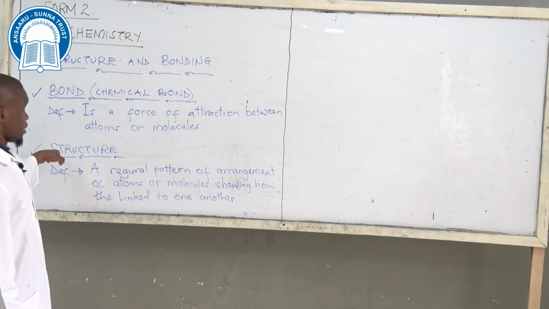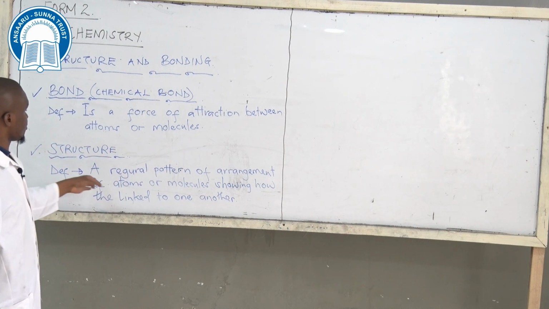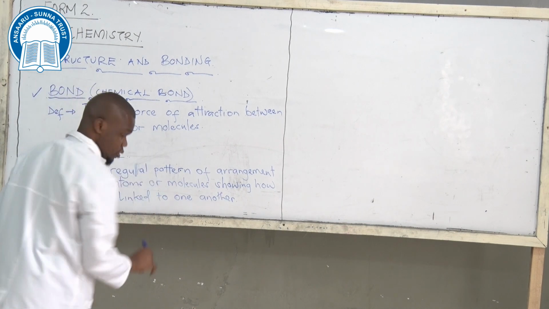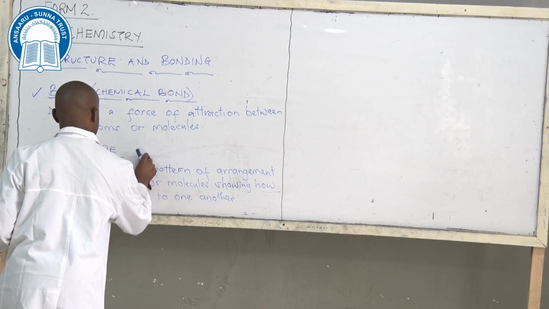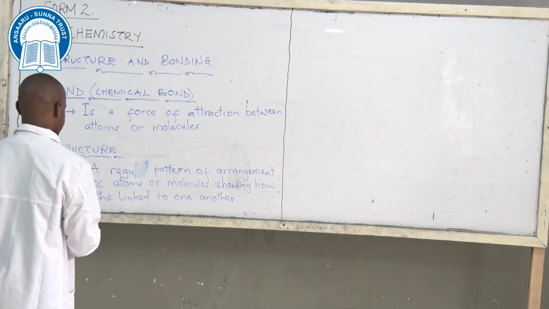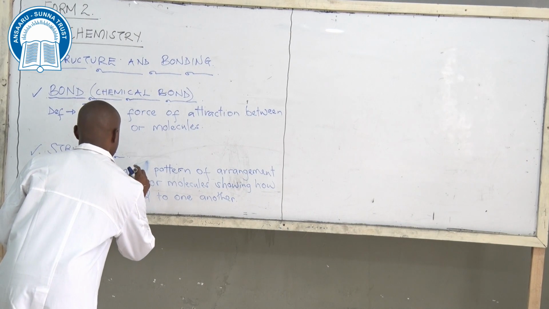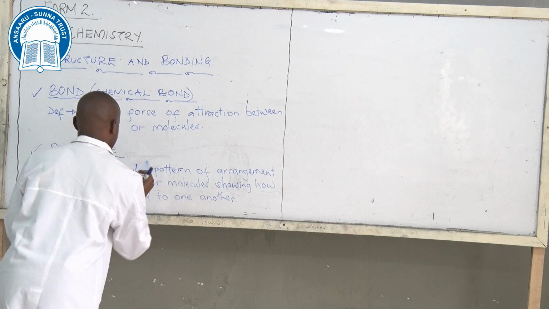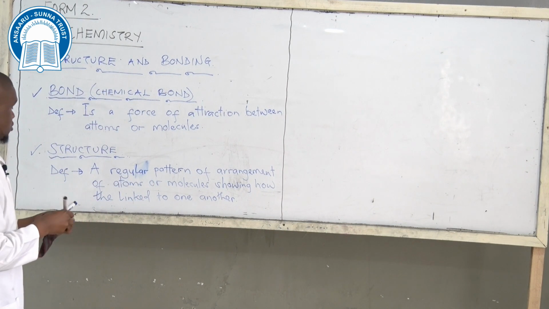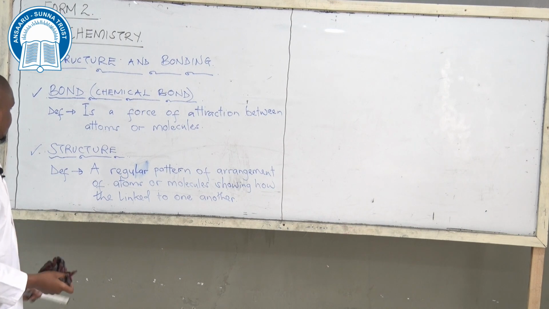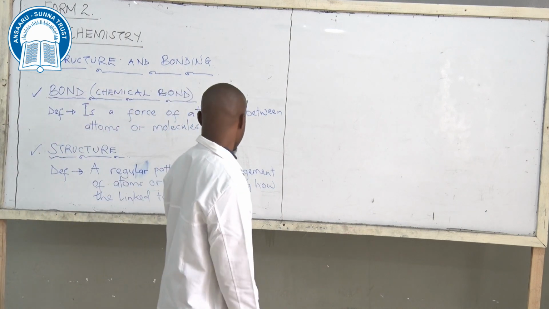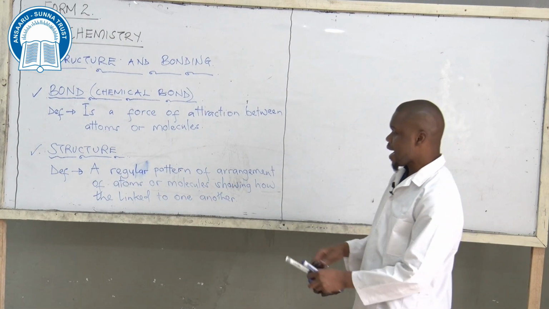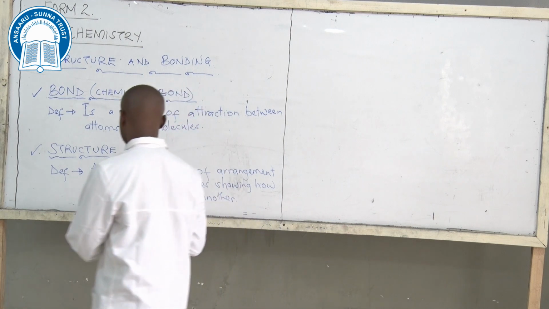And again, we are saying here that structure is actually the regular pattern of arrangement of atoms or molecules, showing how they are linked to one another.